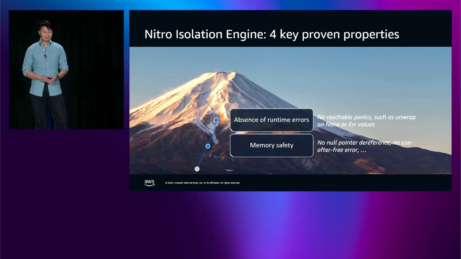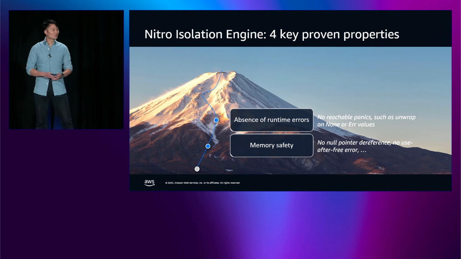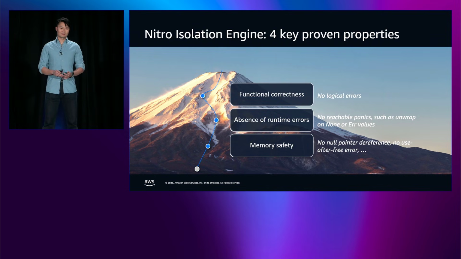But we can climb further, because memory-safe Rust programs that don't have runtime errors might still compute the wrong result. So we prove functional correctness, that the system does exactly what we expect and nothing else. Now we're almost at the top.